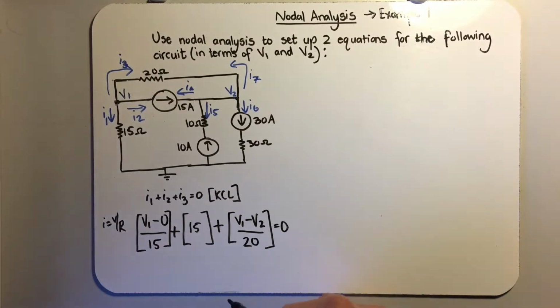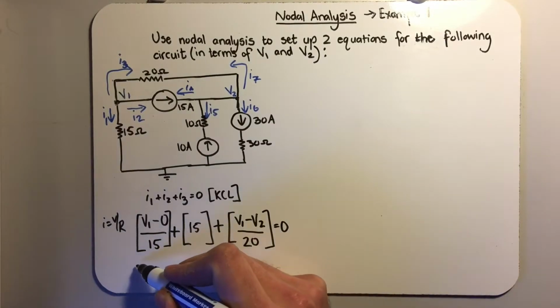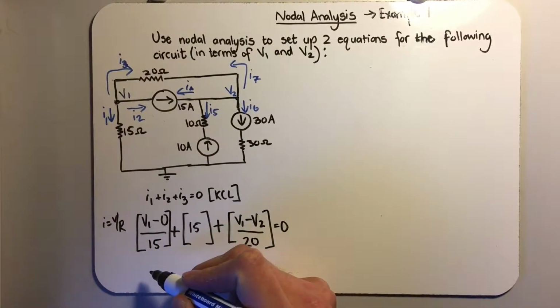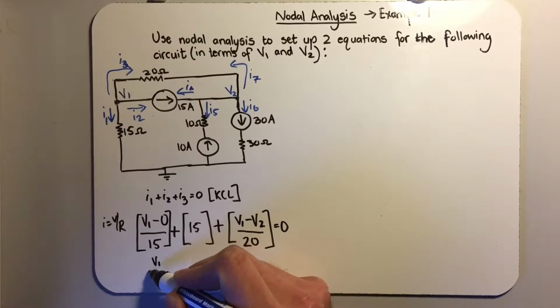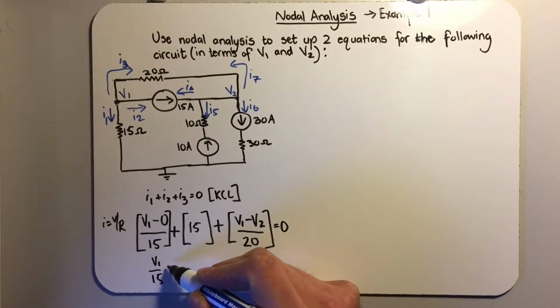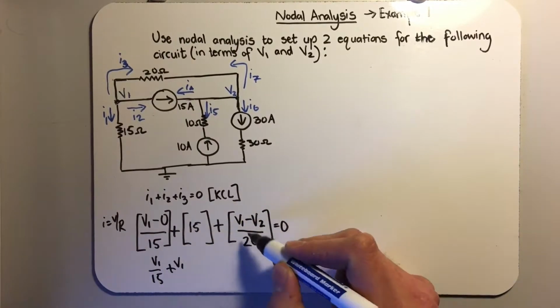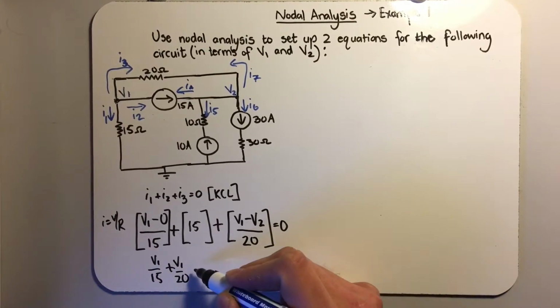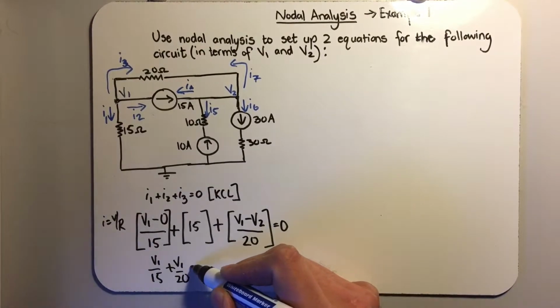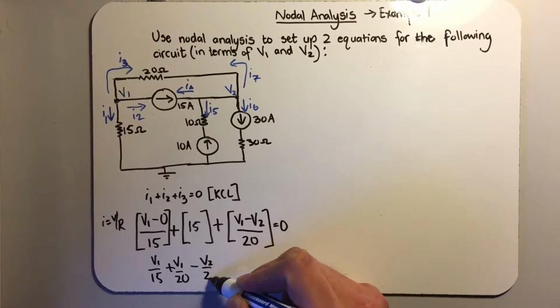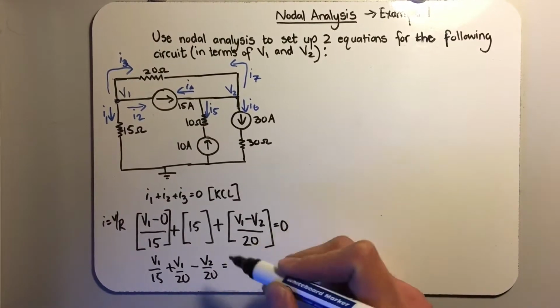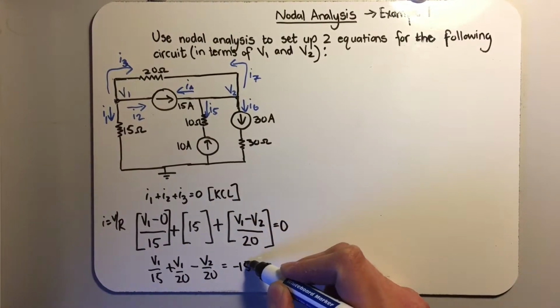And now we can just simplify this. So we can say V1 over 15 from there plus V1 over 20 from there minus V2 over 20 from there is equal to minus 15.